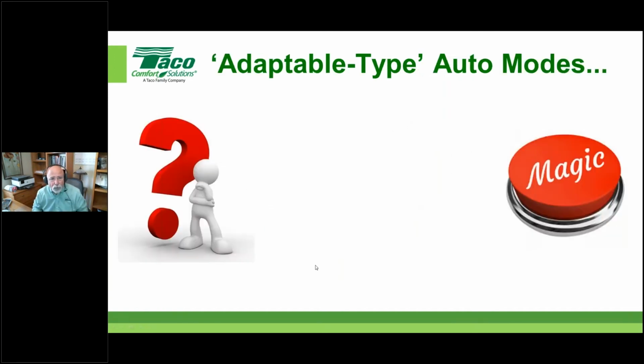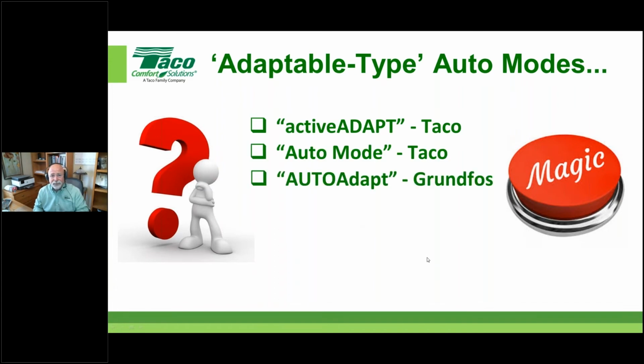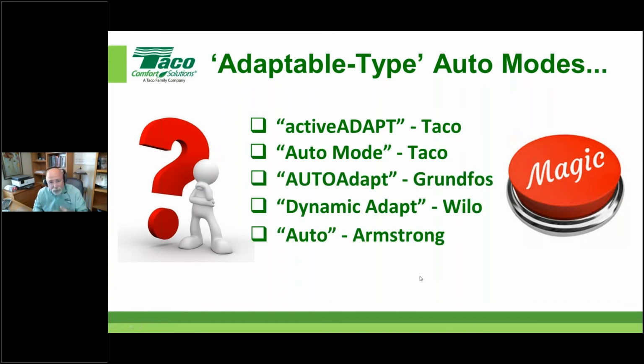Okay. So let's throw out these adaptable type auto modes. I haven't covered that yet, and everybody's got one. Almost everybody's got something that has an adaptable type automatic mode, and these are often misunderstood and misapplied in systems.